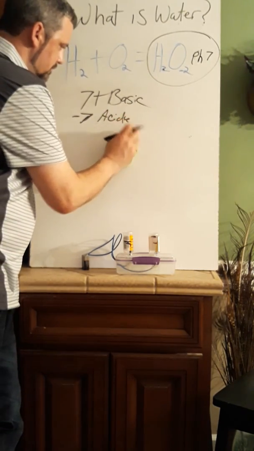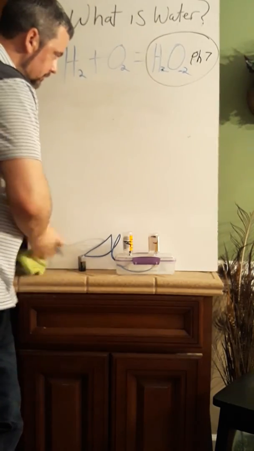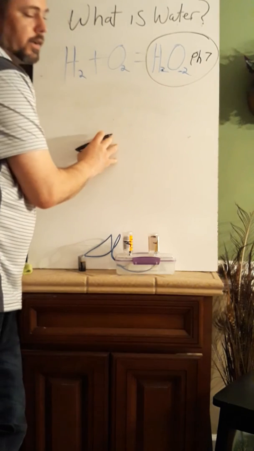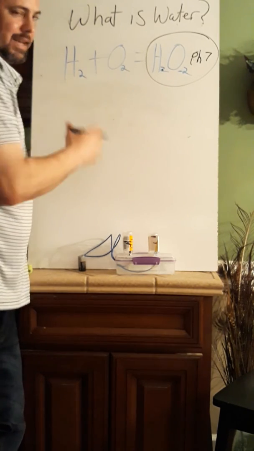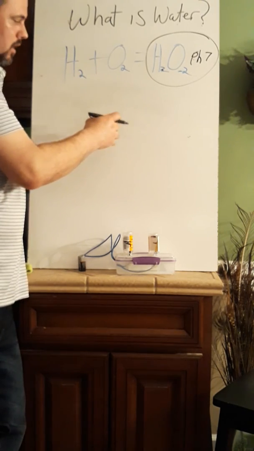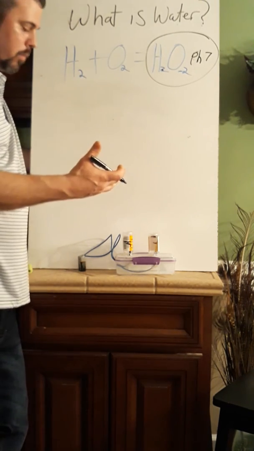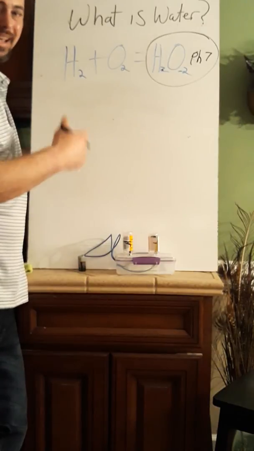Now, distilled water starts out at a pH of 7 when it is contained. However, when it's open to the air, our atmosphere is made up of hydrogen and nitrogen.